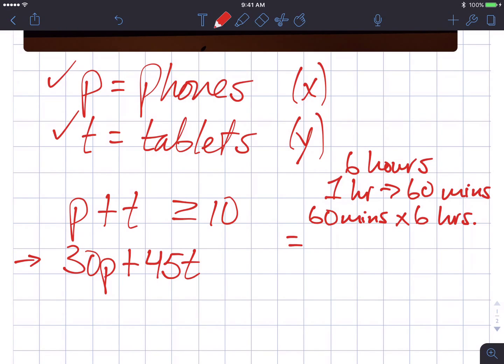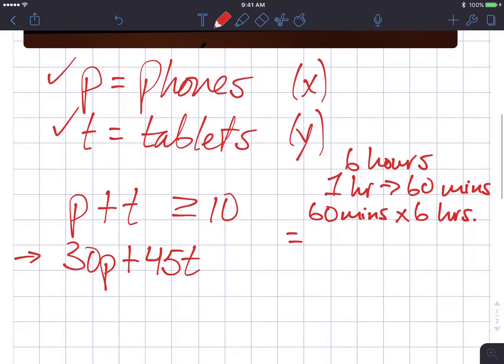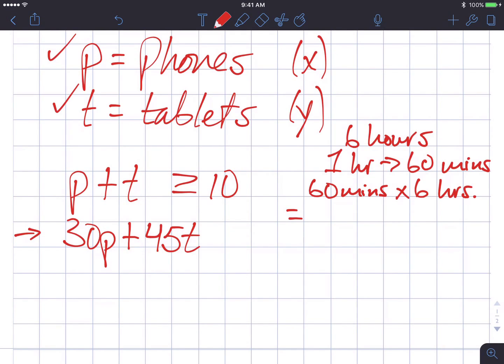If you have no idea how to do that, I'll teach you a little trick. You're basically doing 60 times 6, right? So what's 6 times 6? 36, right? And just bring the 0 down right here. That's going to be 360 minutes.